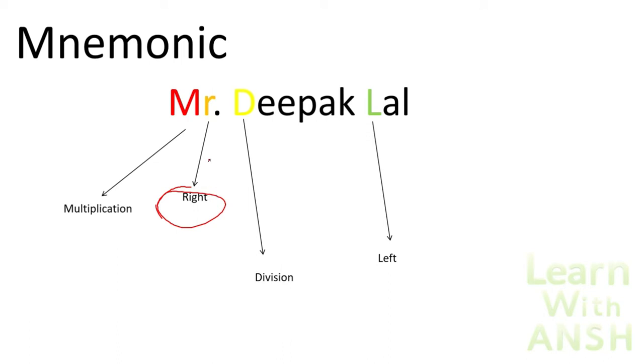So when we are multiplying a decimal by a power of 10, we shift the decimal point to the right, and when we are doing division, we shift the decimal point to the left.